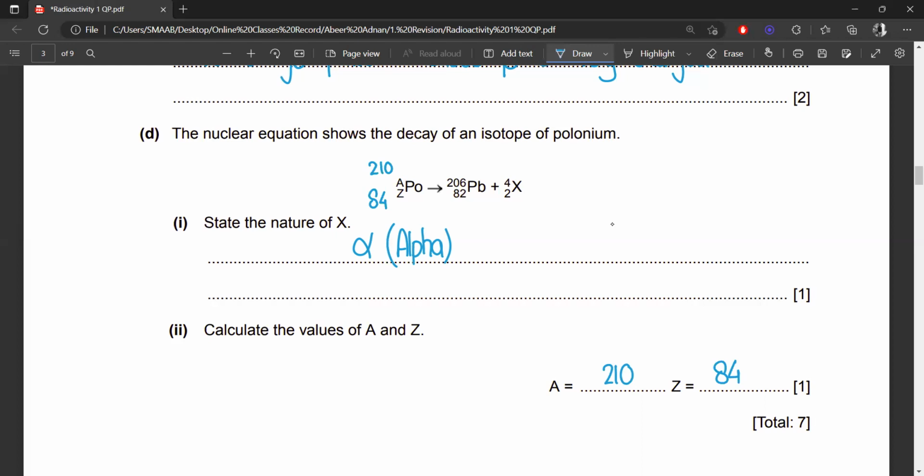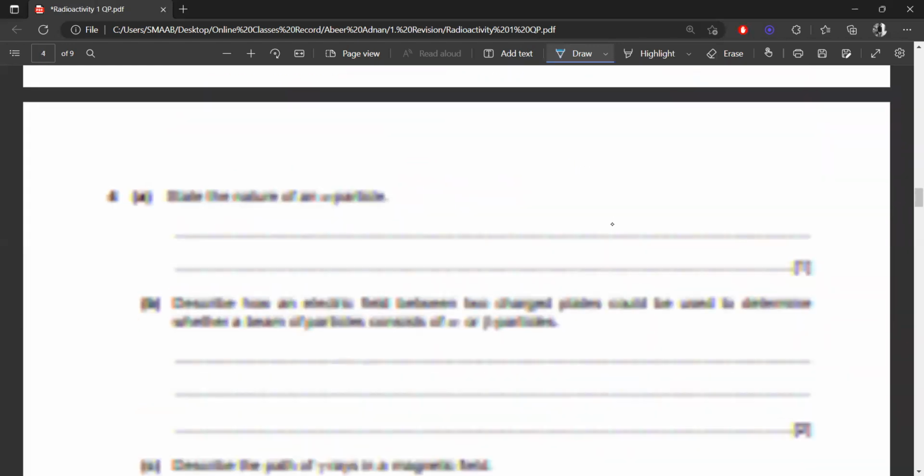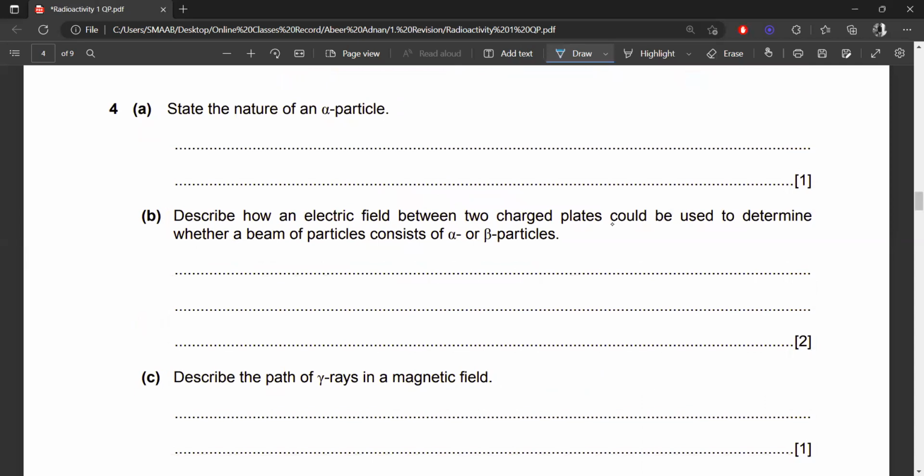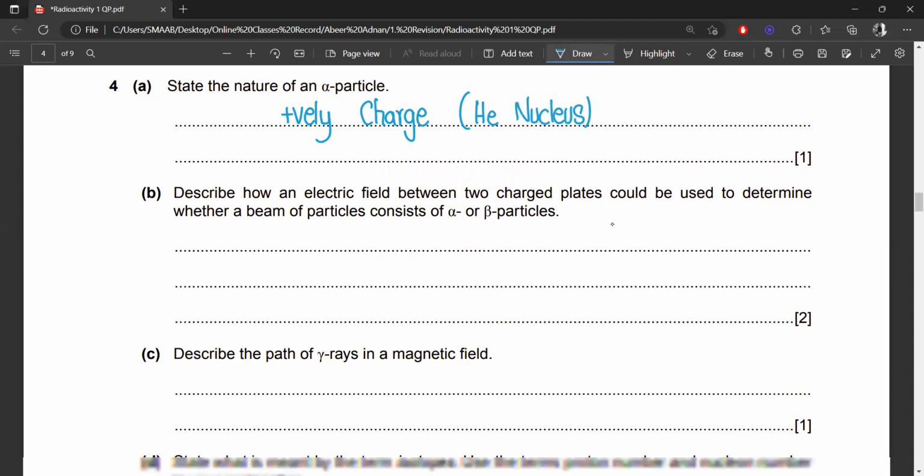Yes, it's positively charged. Yes, alpha particle is positive charge. The particle is positively charged, or we can say that it is equal to a helium nucleus, right? Okay, next one.